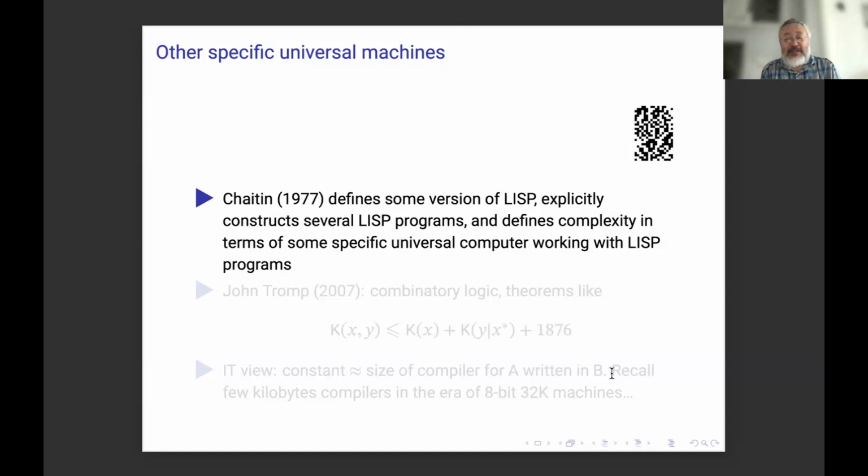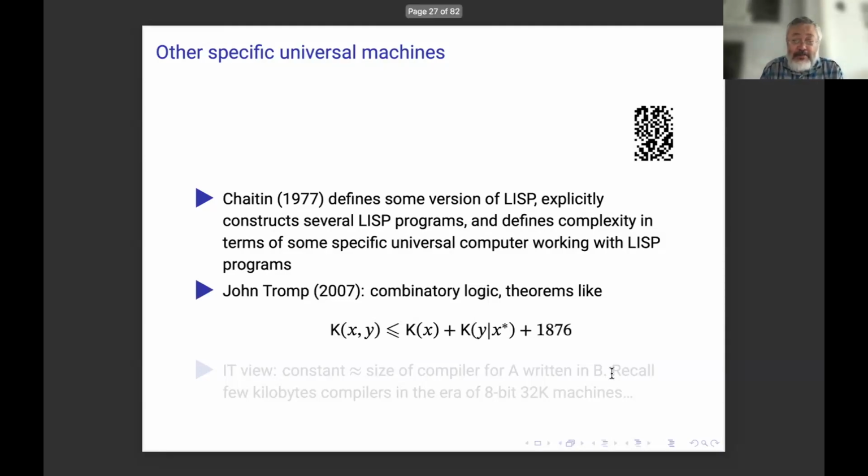He wrote some specific universal programming language based on Lisp, which was not at all compact, but still Chaitin for some reason took the trouble to define a specific language and write long programs and even embed the exponential Diophantine equations in this and so on. But at least it was some example of a specific programming language, with specific results.